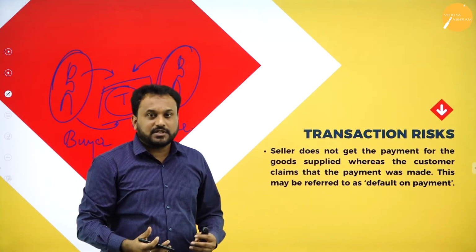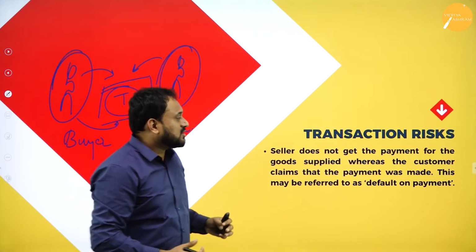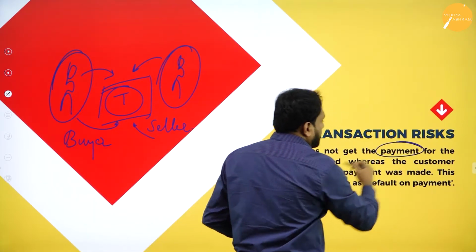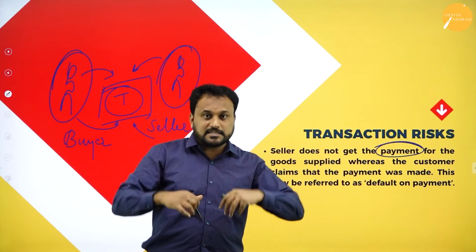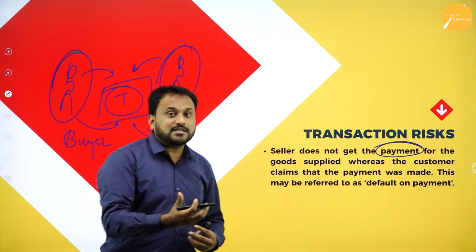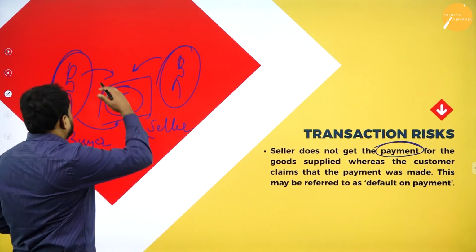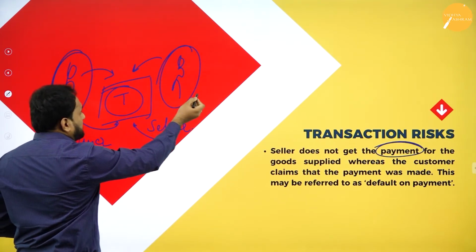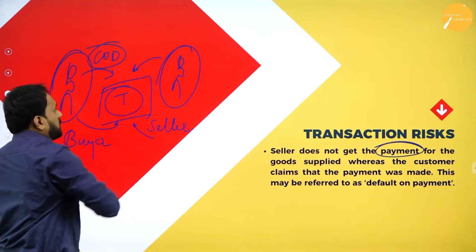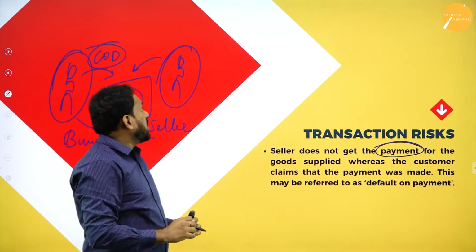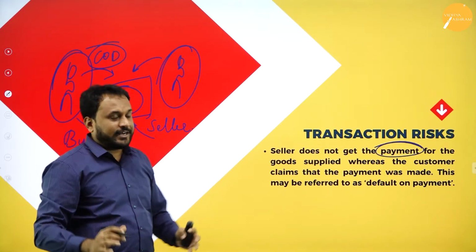What usually happens here is the seller does not get the payment. See, both ways I told you only about the buyer, what the buyer actually gets. Now understand what the seller actually gets. The buyer would have said, the seller will give that. Now it is cash on delivery, or any kind of payment. Let's go with an example.